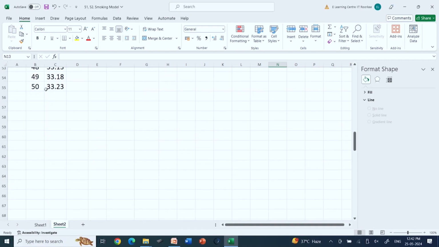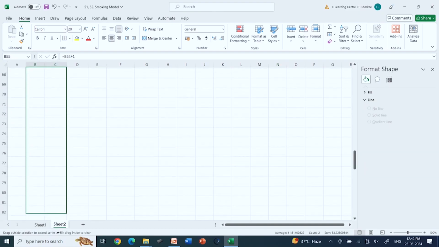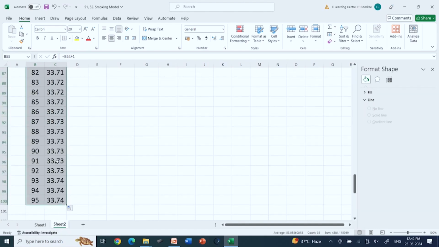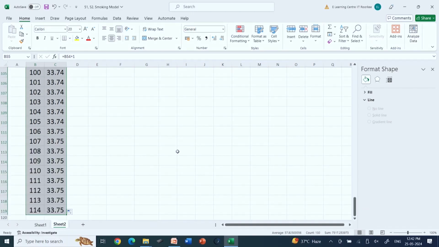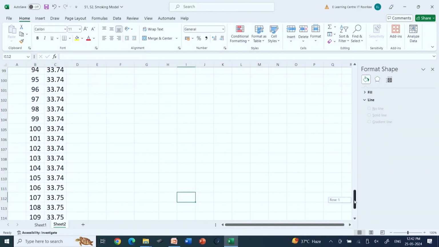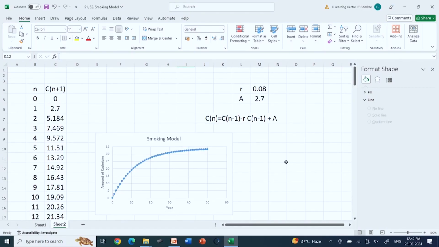So if I drag these two a little more, yeah, it is reaching some 33.74 or 33.75. Yeah, so 33.75 is the equilibrium value, and since this model is stable, because you remember you get the modulus of 1 minus R, and R is a positive quantity, 0.08.